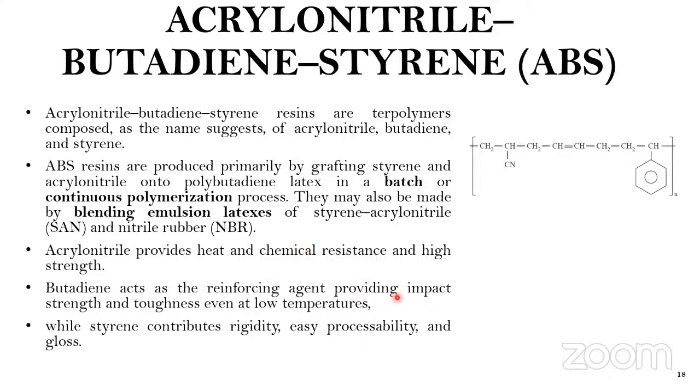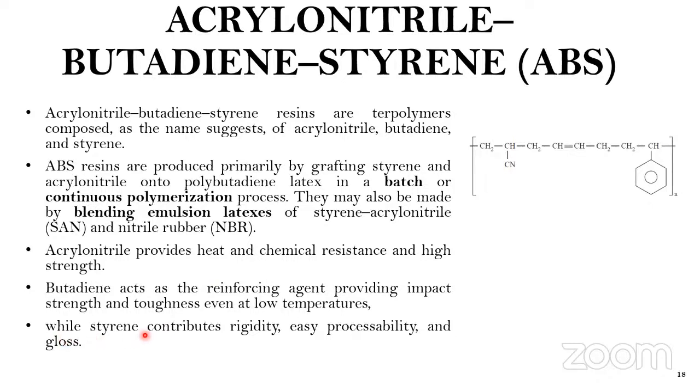So due to that, they will provide you a very high impact strength and toughness at very low temperature. So this ABS can be used from a low temperature to a very high temperature.